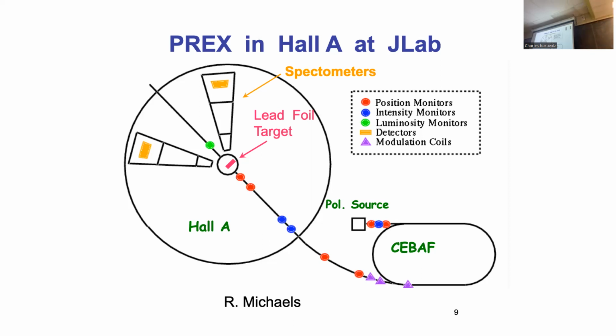When you flip the spin of the electron, you want nothing else to change. The energy of the electron or the position of the electron has to be controlled to very, very high precision to control the systematic errors.